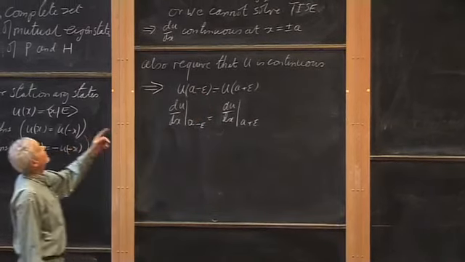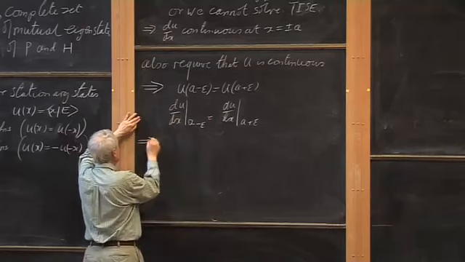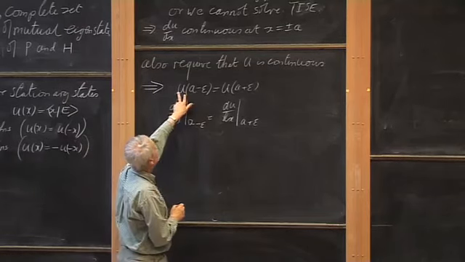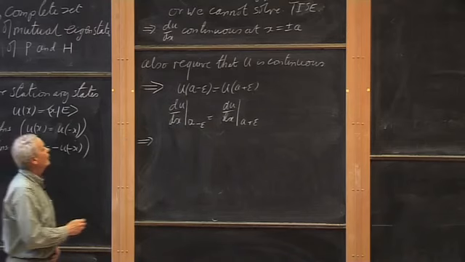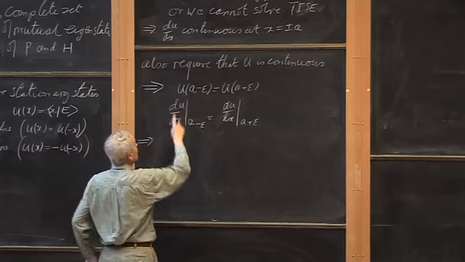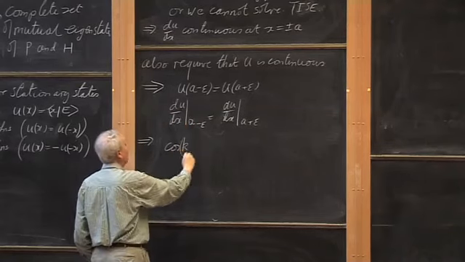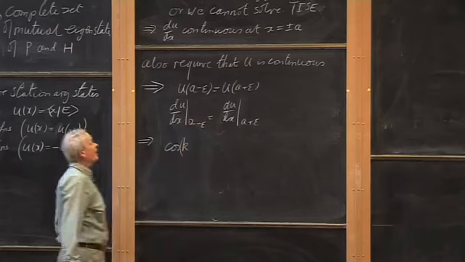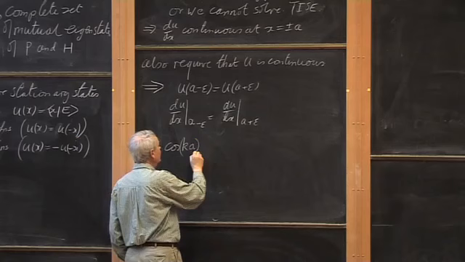That's what we've got to insist on. What does that amount to? If we're just to the left of A, for the even parity solution, we have that U is equal to cos kx, and x is A minus epsilon, but epsilon's as small as we like, so let's just make it equal to cos ka.